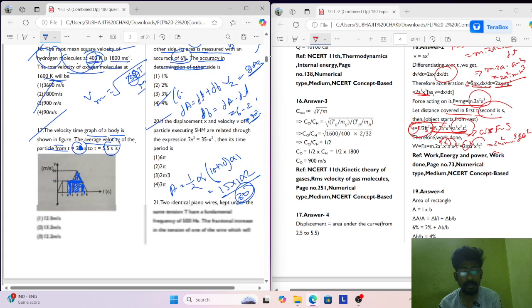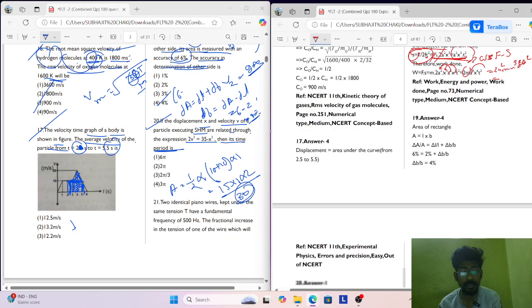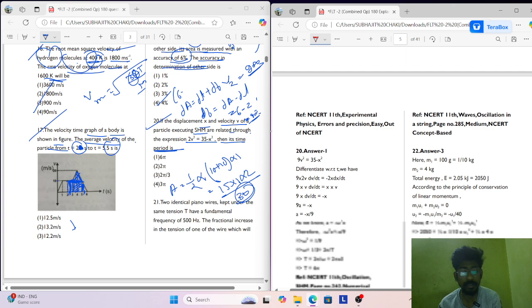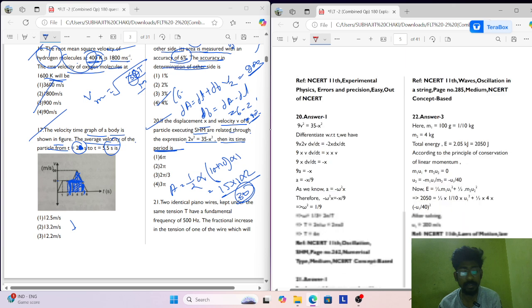If the displacement x and velocity v of a particle in SHM are related by this expression, then its time period will be. SHM formula, you know. First of all, you have to differentiate this equation with respect to t.